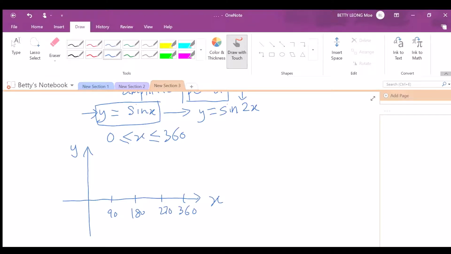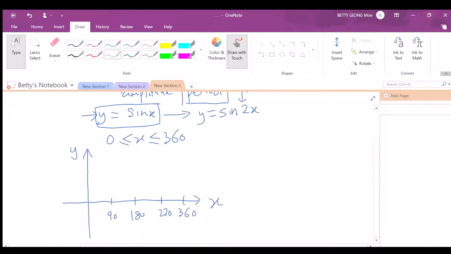So for the sine graph, you'll start with 0 here, and then it will be like this. Remember the S shape, and stop here.